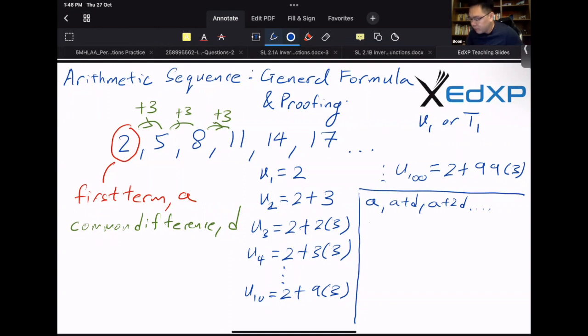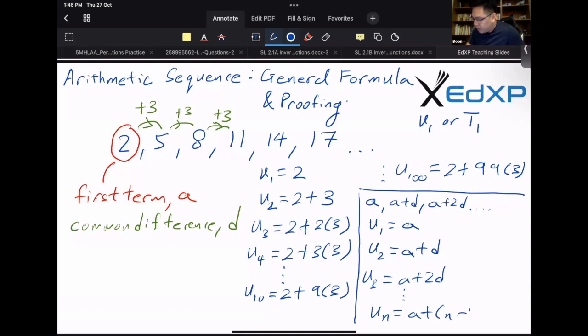In this case, we can see that U1 is A, U2 is A plus D, U3 is A plus 2D, and we can find the general formula Un, which is, anybody wants to give it a try, feel free to pause the video, A plus (n minus 1)d. And there, we have our first formula that we need to know for this topic, the general term for an arithmetic sequence.